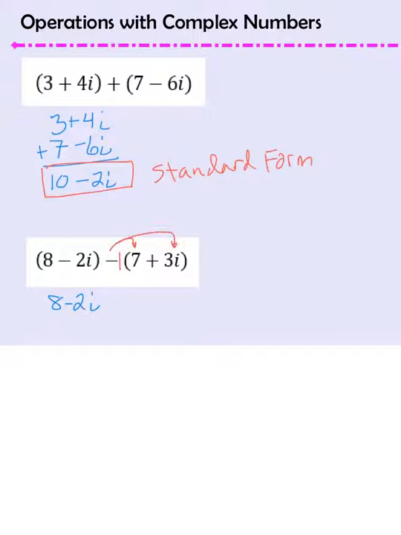So when I do so, a negative 1 times 7 is a negative 7, and a negative 1 times 3i is a negative 3i. And so now when I add, 8 minus 7 is 1, negative 2 and a negative 3 is a negative 5i. And that also is in standard form, because we have the real part and the imaginary part.